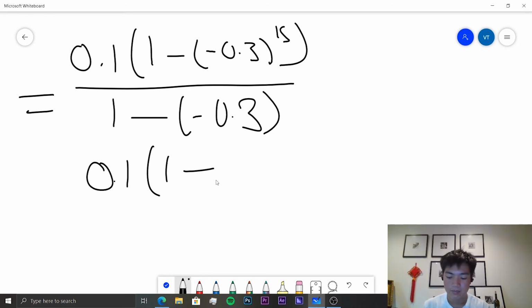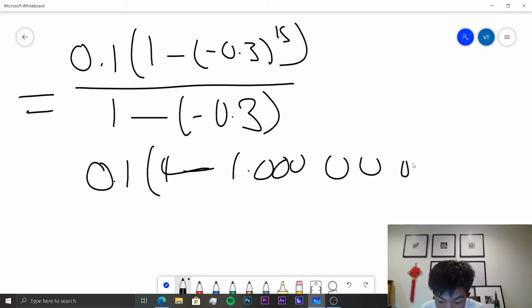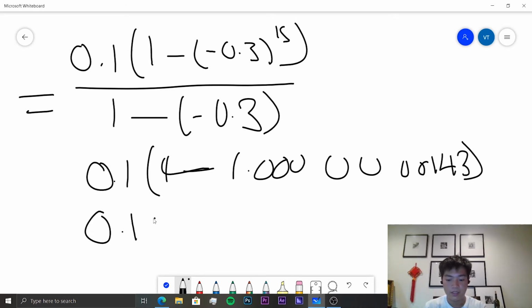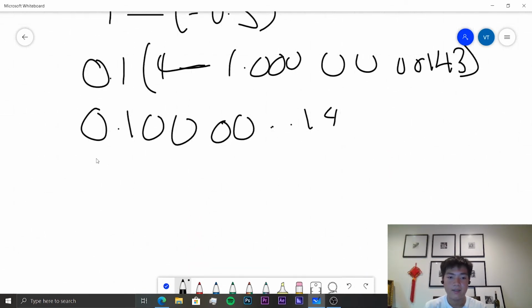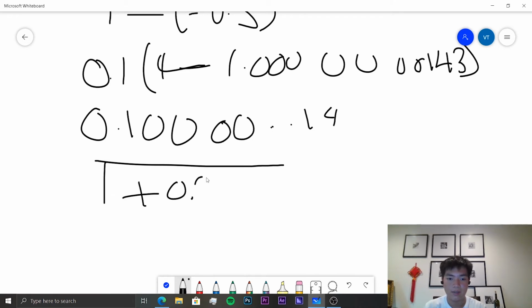Multiply this entire sum, it's actually like 1.000000143, something like that. Multiply that lot by 0.1, and then we get 0.10000 something until 14, and then we want to divide this by 1 plus 0.3.